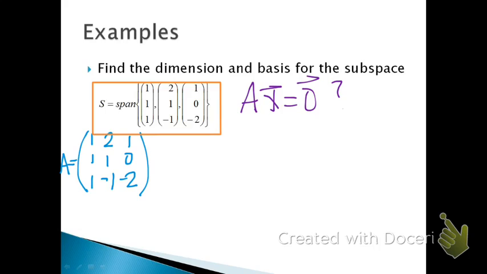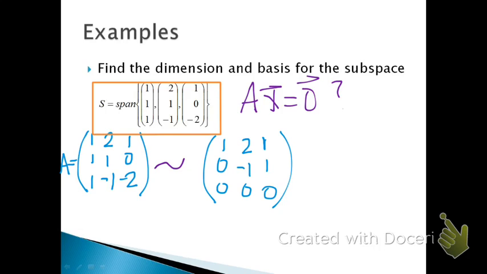How do we find that out? We need to put this matrix into REF. Putting this matrix in row echelon form, we see we have a pivot here and a pivot here, so we have two pivot columns, and these two pivot columns form a basis for the set S.